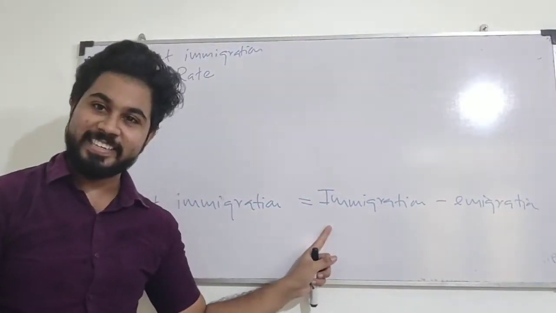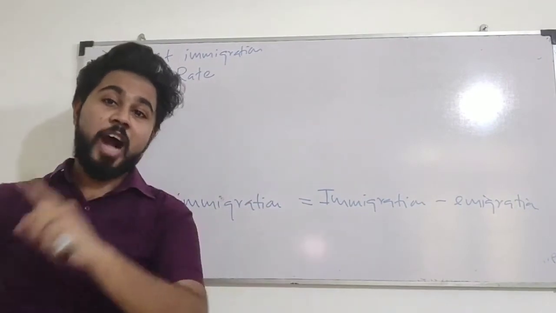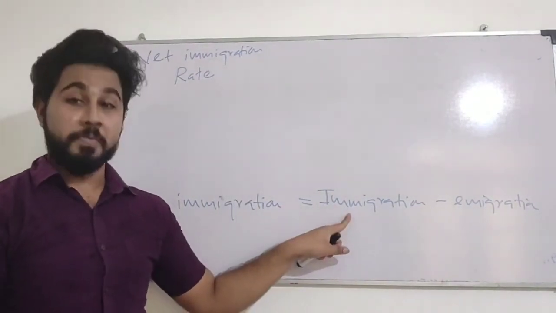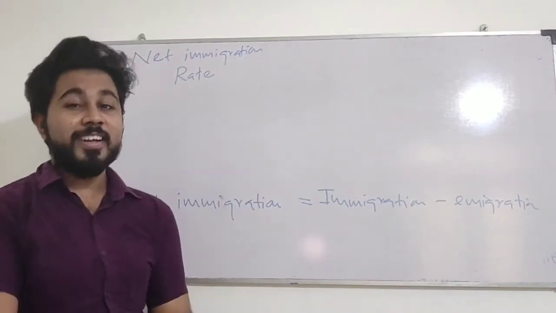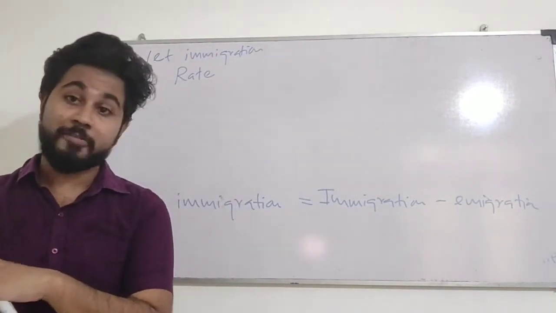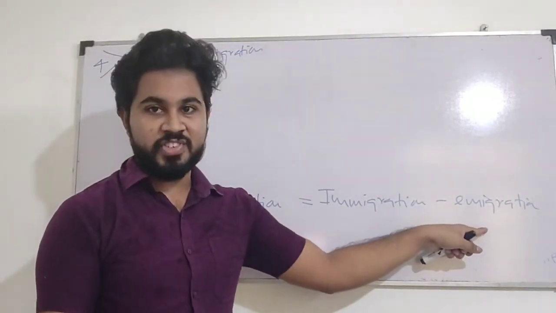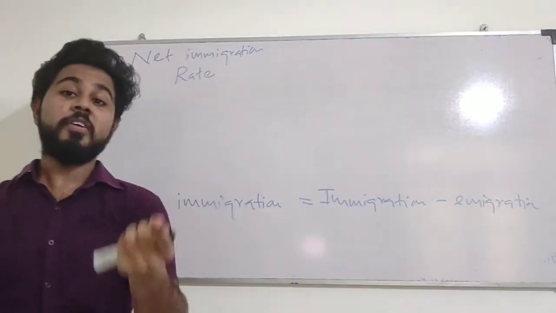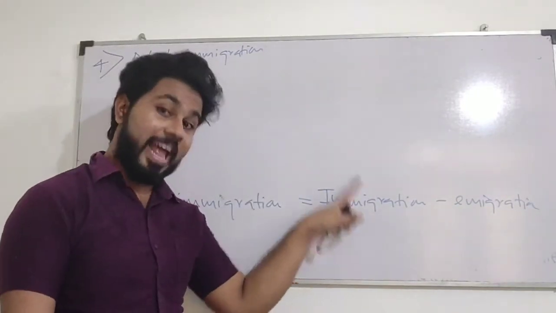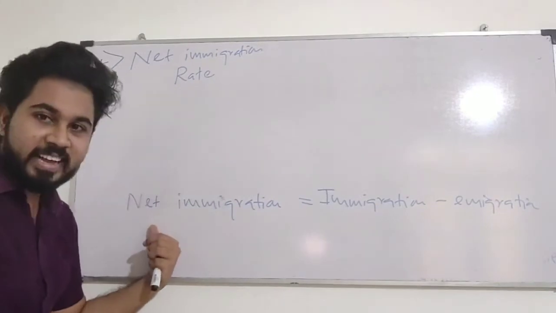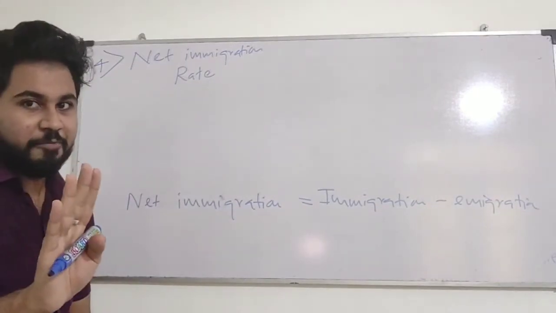As I told earlier, if outsiders come into Sri Lanka, that is immigration. If Sri Lankans went out from Sri Lanka for permanent residence, we call it emigration. The difference between the number of people who came in and the number who went out is known as net immigration.